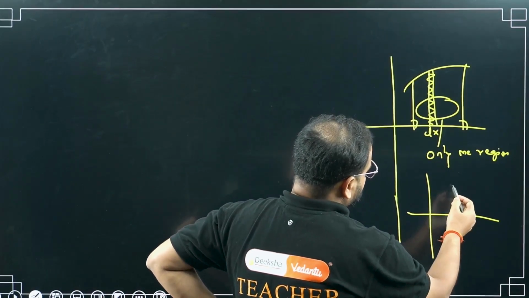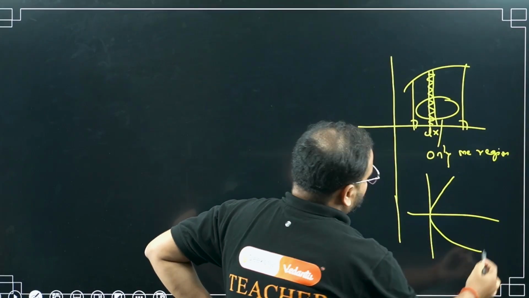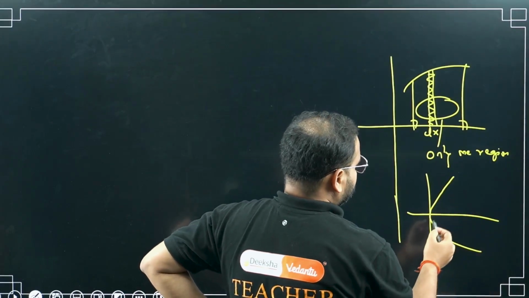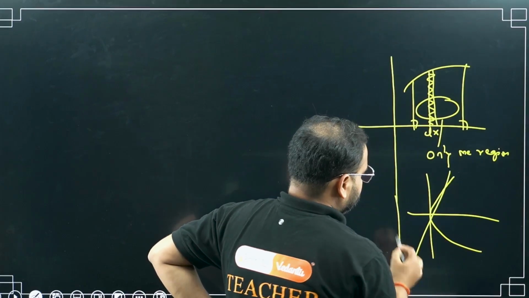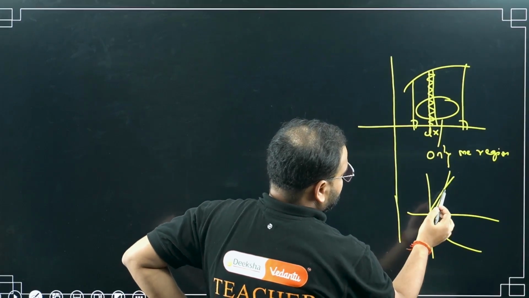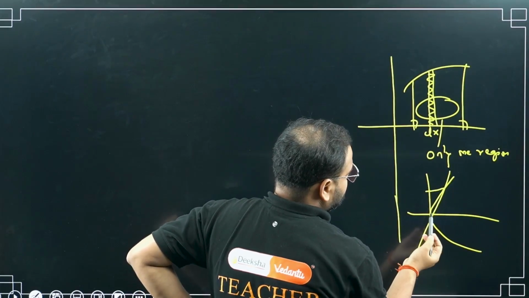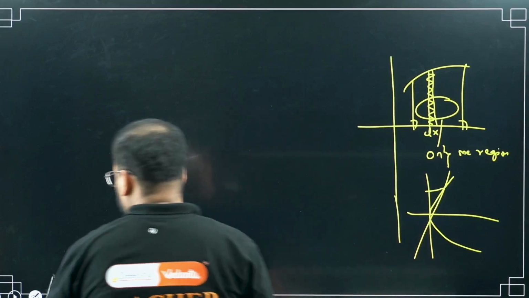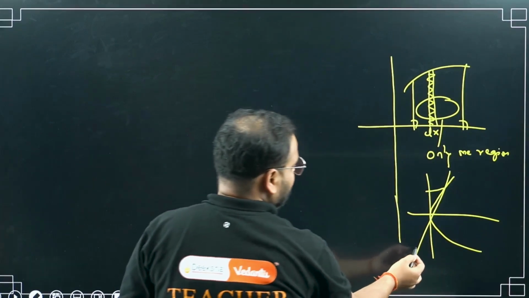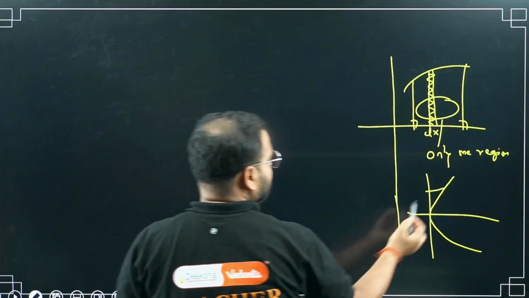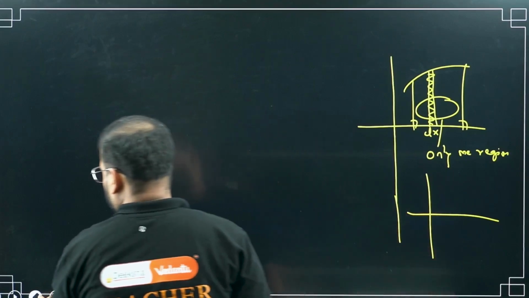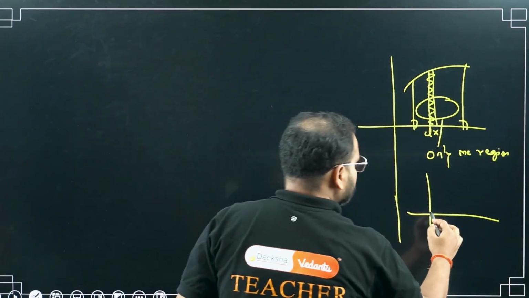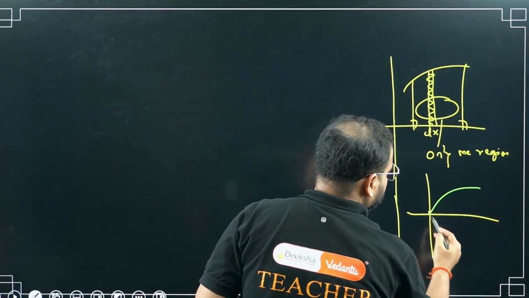So if I draw it like this, and the curve is like this, then my strips are not accurate actually, so let me redraw the line. Give me 1 second. I'll try to give you a better figure so that you're able to understand this.